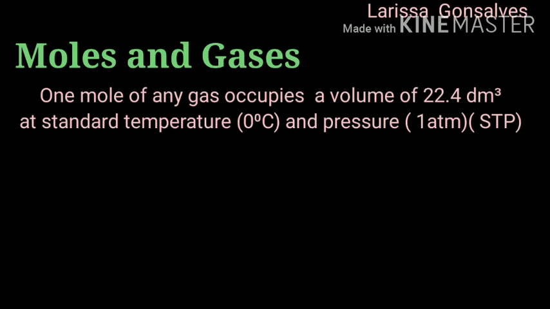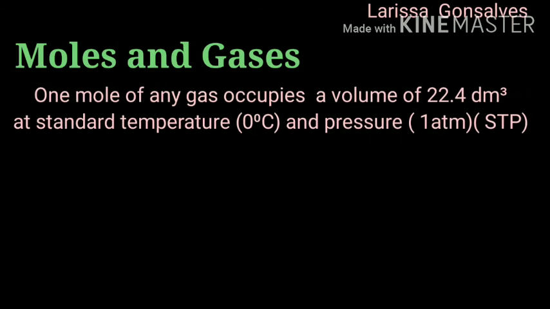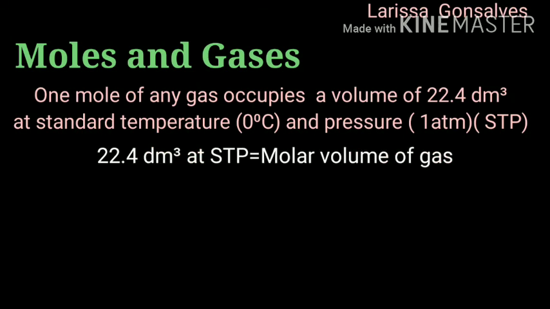Hence it is said that 1 mole of any gas occupies a volume of 22.4 dm cube at standard temperature, which is 0 degrees Celsius, and pressure, which is 1 atmosphere. Standard temperature and pressure is written by the abbreviation STP. So the volume of 22.4 dm cube at STP is called the molar volume of a gas.